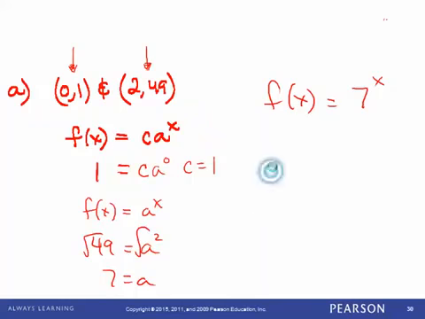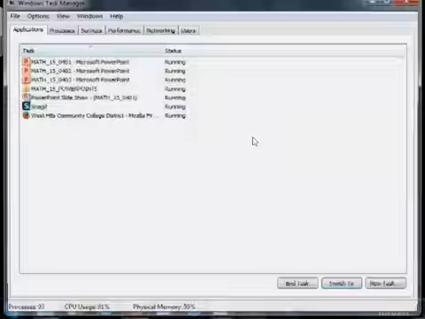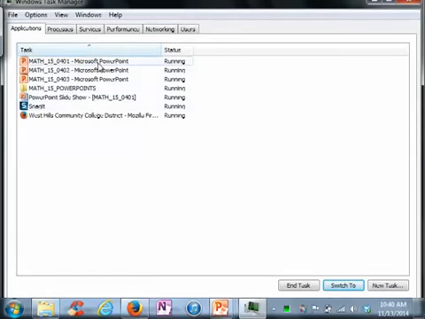Too much mathematics even for PowerPoint. So Microsoft can do everything. All right, go like this then. There it is, that's the one I want.